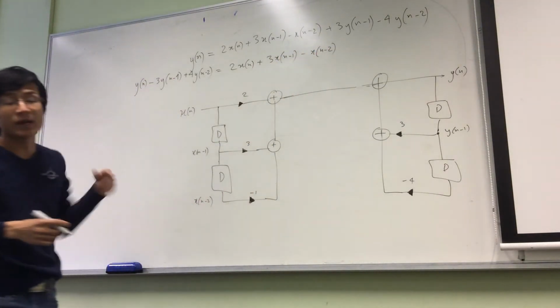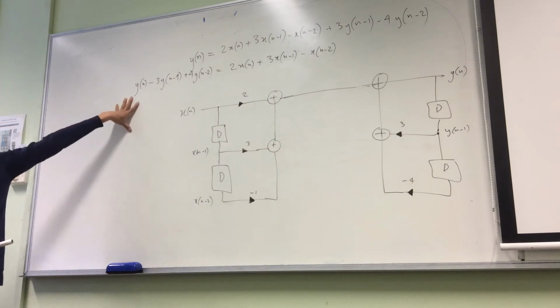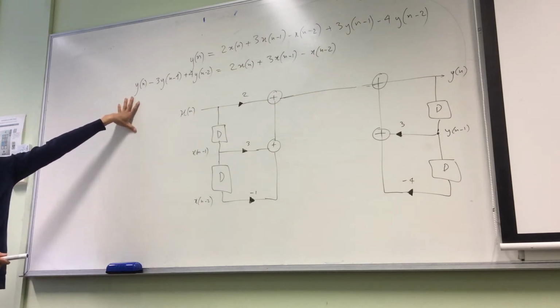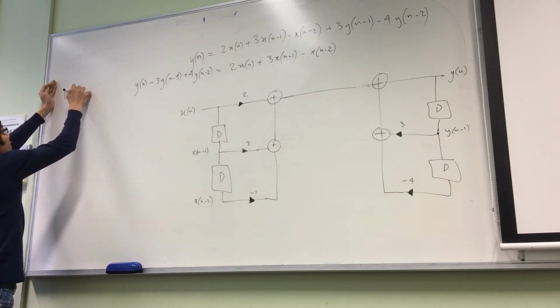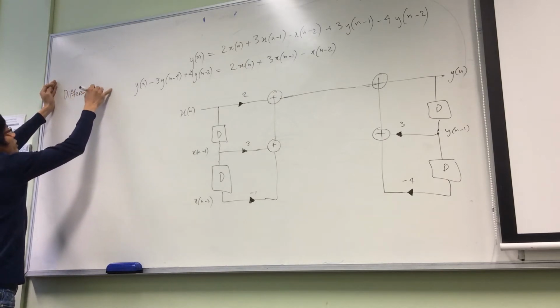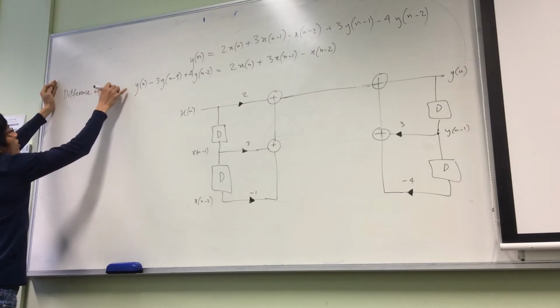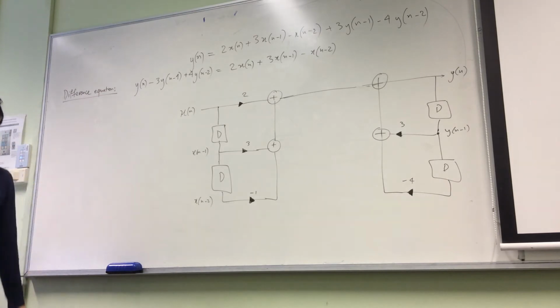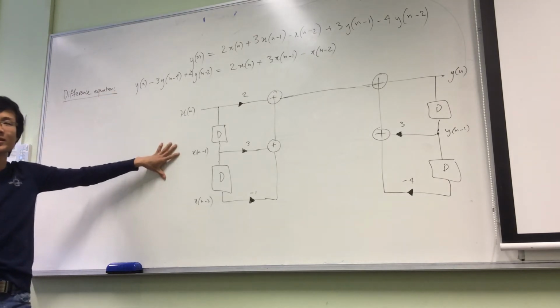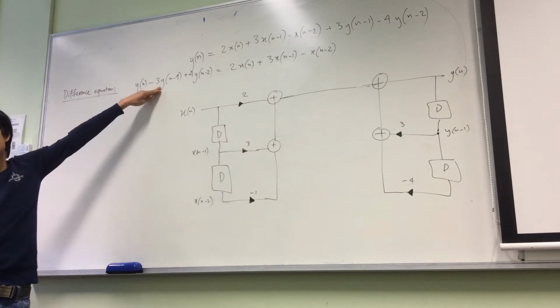So they are the same thing. I just put y on one side, x on the other side. So that's good. This one is called difference equation. It represents how the system is made in digital. So from this you can draw this, or from this you can write this, right?